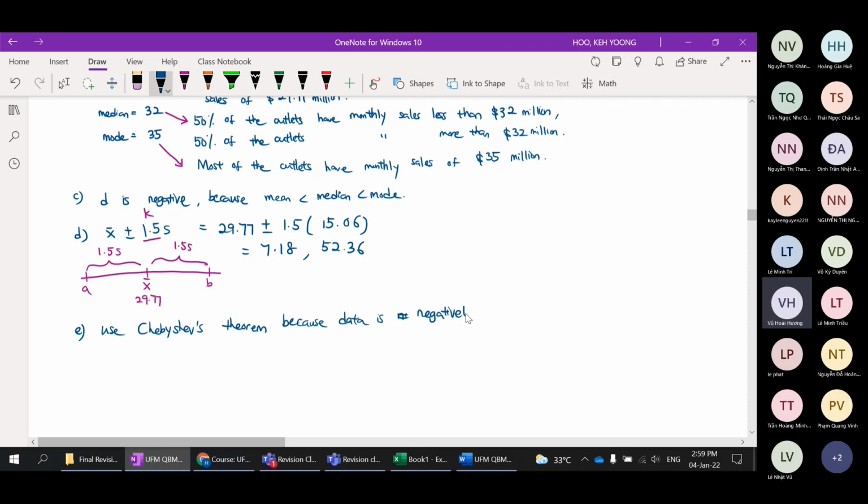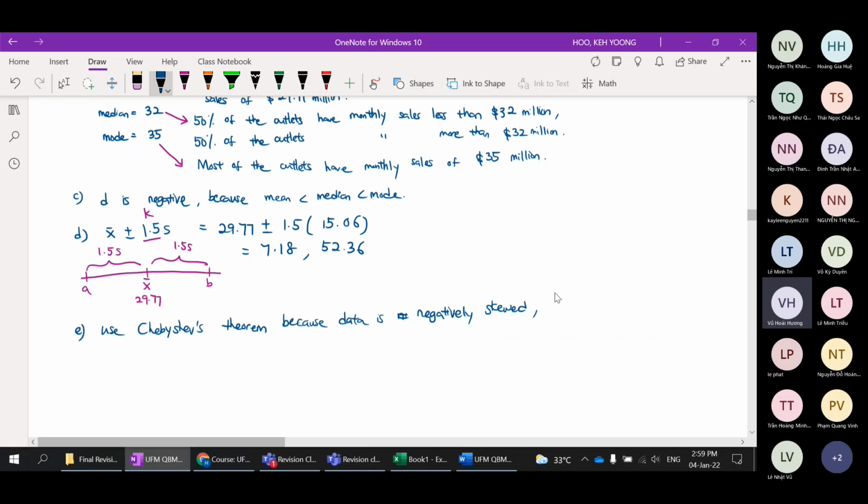How do I know it's negatively skewed? Just now in question C, you said that the D value, the skewness, is negative already. So the data is not normal, and because it is not normal, we will use Chebyshev's theorem.